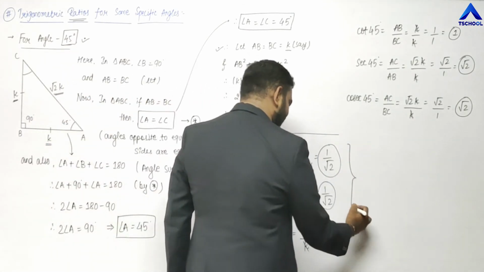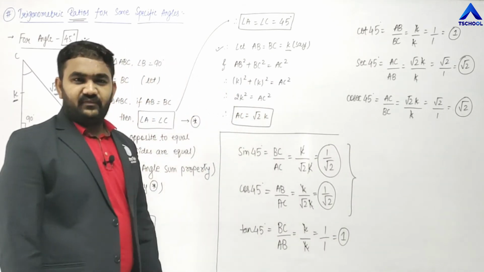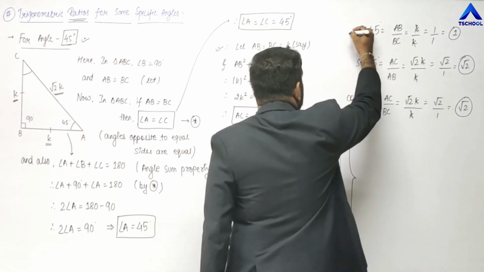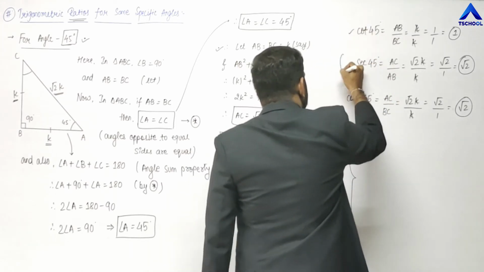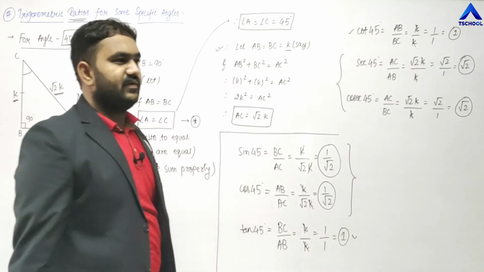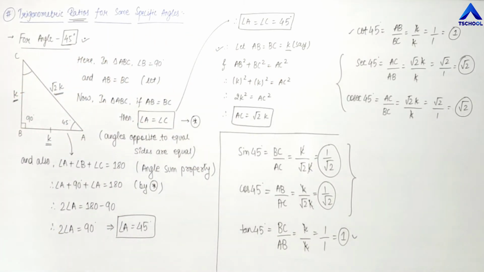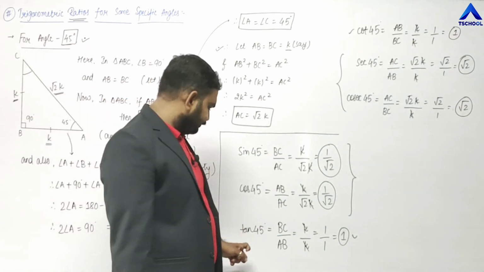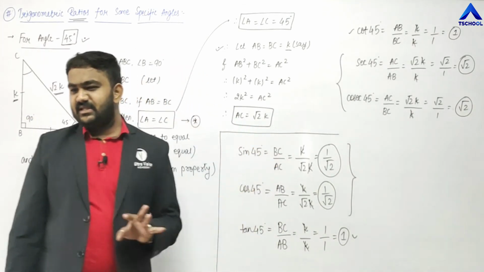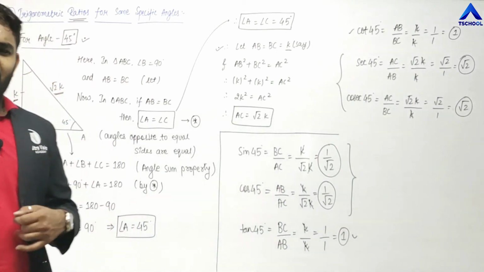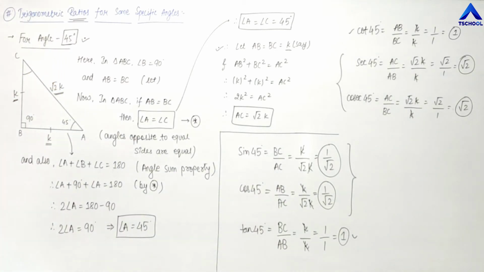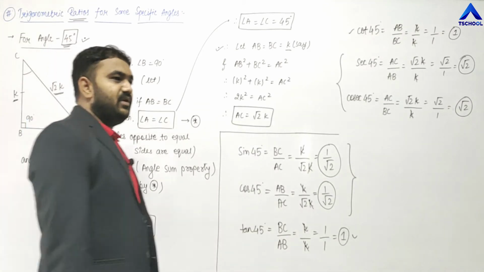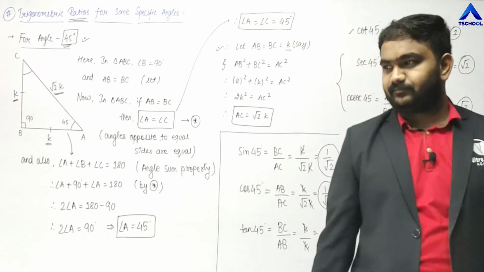So for angle 45, sin 45 is equals to cos 45, tan 45 is equals to cot 45, and sec 45 is equals to cosec 45. These pairs, sin and cos, tan and cot, sec and cosec, will be similar in every manner, but only and only for angle 45. Why?